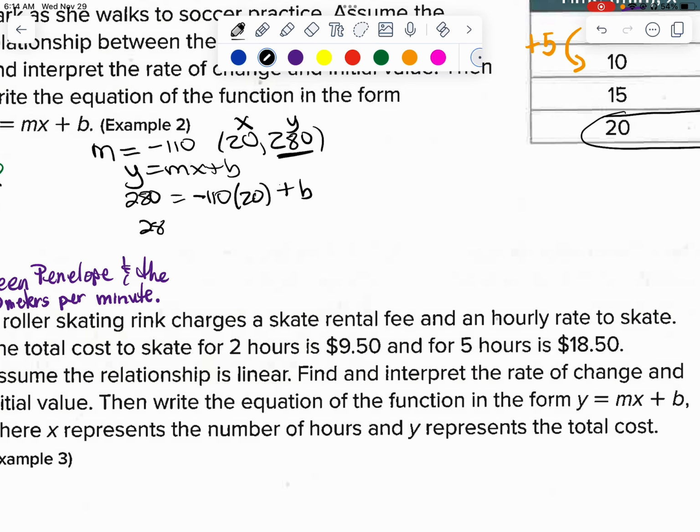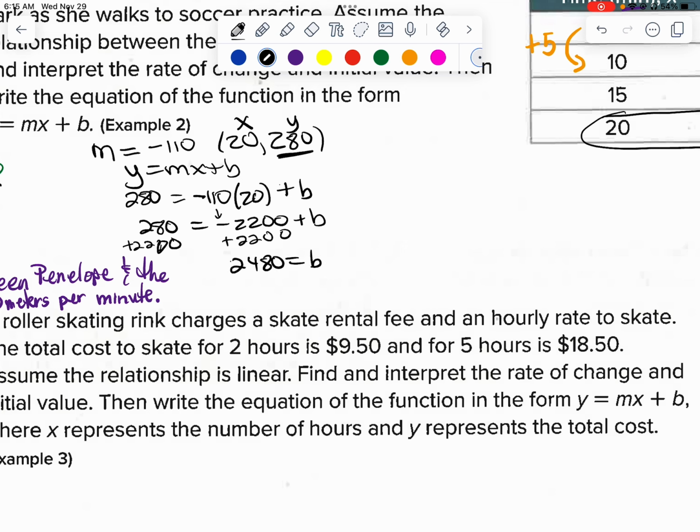So 280 equals negative 2200 plus b. I'm going to add 2200 to both sides. Why? Because it says negative right here, so the opposite of negative is positive. I need to move my stuff over a little bit. So that's going to get 2480 is equal to b.